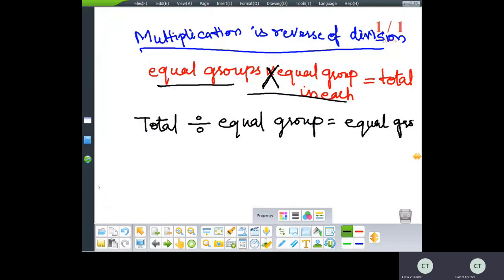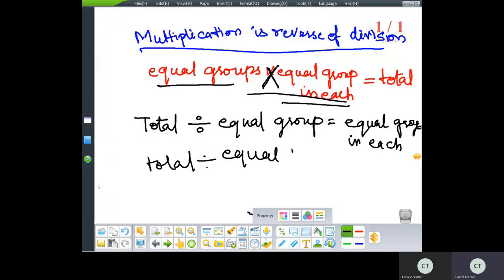In the same way, if the total is given and you divide by equal groups in each, what remains is equal groups, and you will get the answer as equal groups.